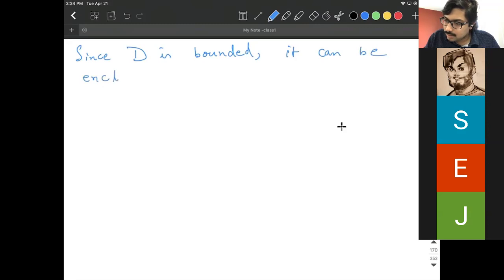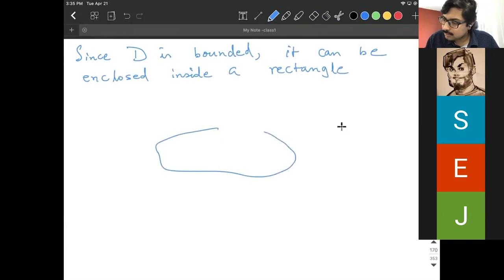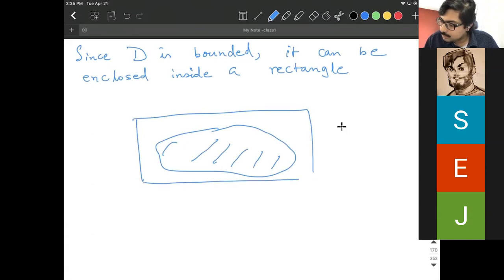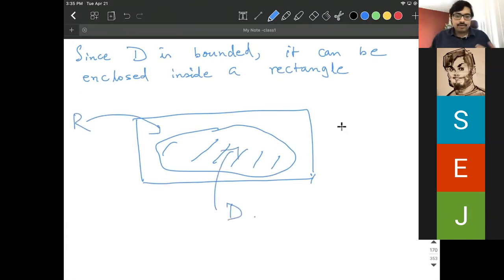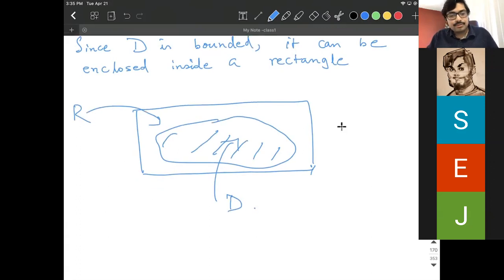So this is the main idea. So it can be enclosed inside a rectangle. Okay, so something like this. So suppose this is D. You can capture this inside a rectangle R. Okay, and for rectangles, you know how to compute the double integral.